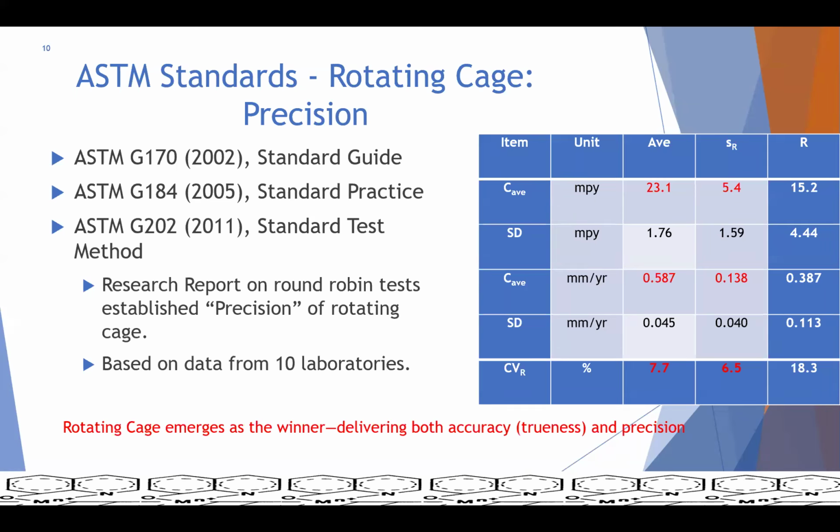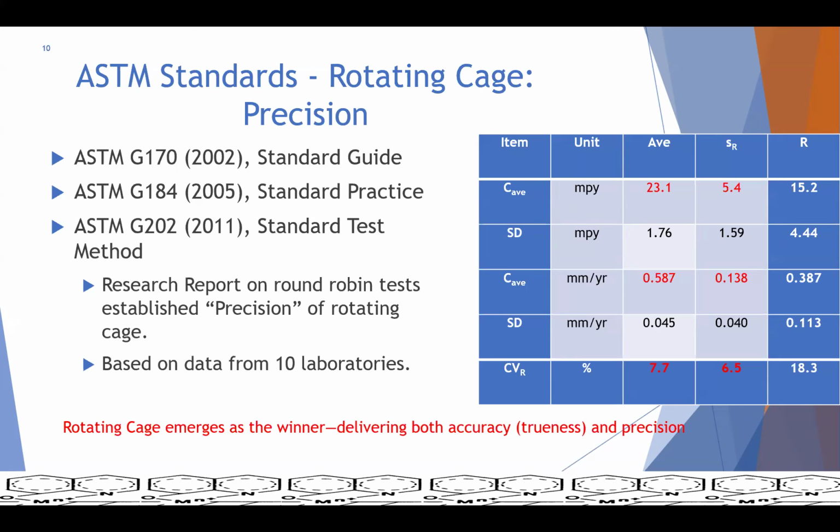So what does it mean? The CanMet JIP established that the rotating cage is accurate, that there is trueness, and the ASTM round robin test established the precision.